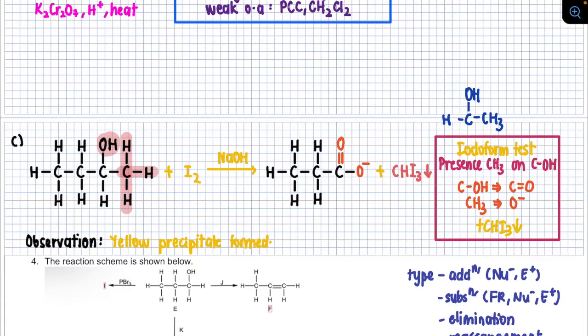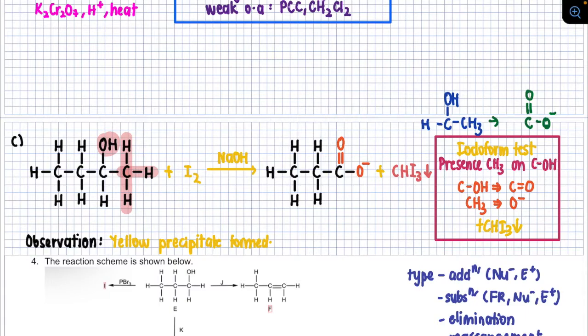So actually from our carbonyl, the product will be this one. CH3 will become double bond O. CH3 will become O minus. OH will become double bond O. This hydrogen will be removed. This hydrogen will not take place, there is none anymore.